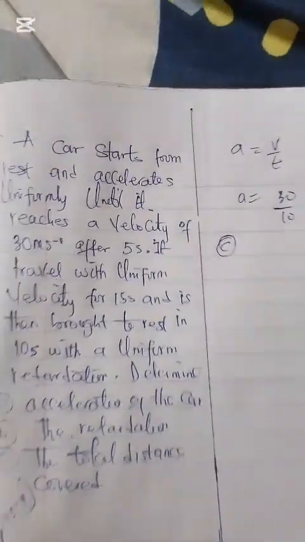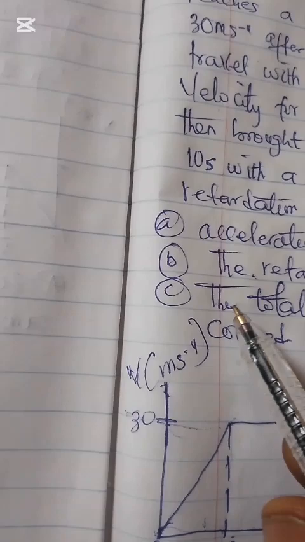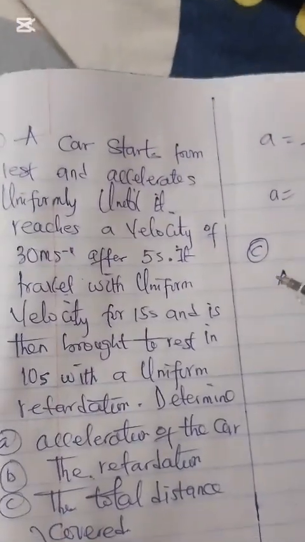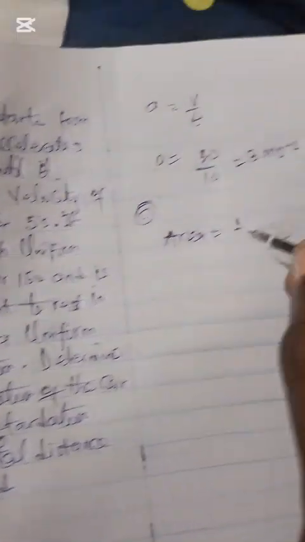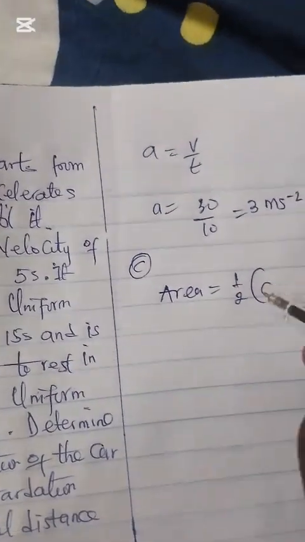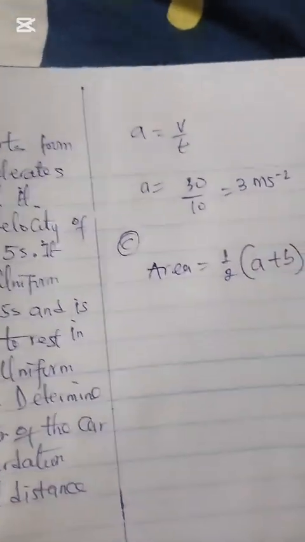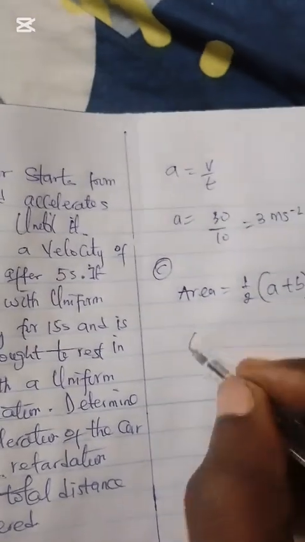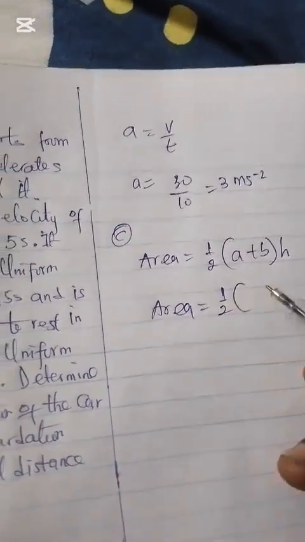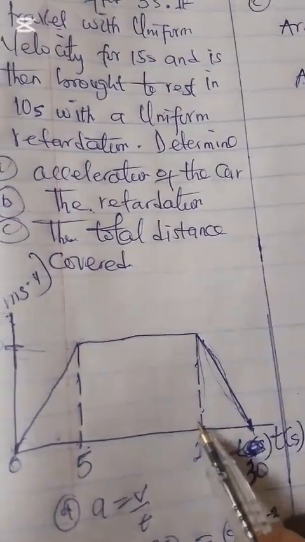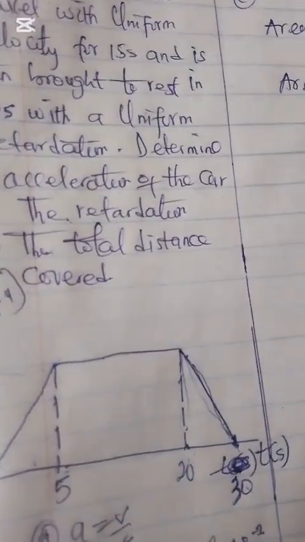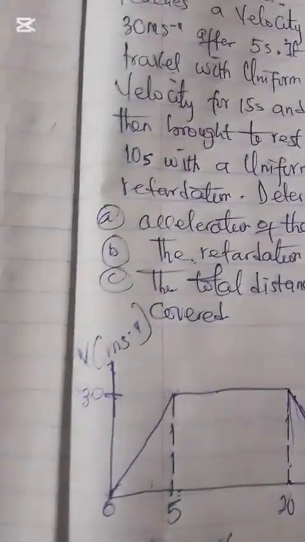The last is we have to look for the total distance. So total distance will be the area of the shape. What is the area? The area of this shape will be 1 over 2 bracket a plus b, then h. That is the area of the shape. So area will now give us 1 over 2. What is one of the sides here? That is 20 minus 5, which will be 15.